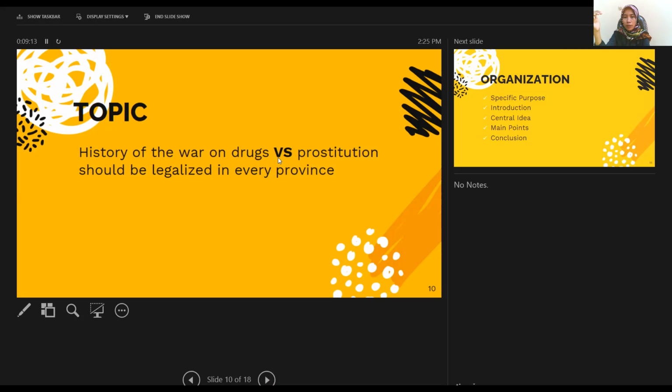Yes, you can talk about it in sequence. Tahunnya berapa, kemudian contohnya di mana, terus pelakunya siapa, apa yang terjadi gitu. It quite easier rather than, nah ini topik for persuasive speech, contohnya adalah prostitution should be legalized in every province. Nah ini kan sangat kontroversi kan, gitu.